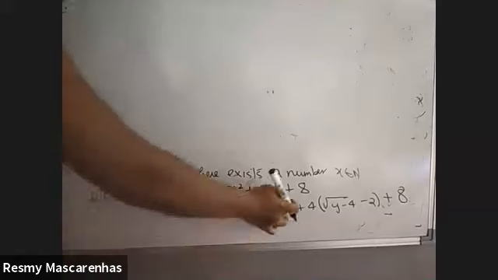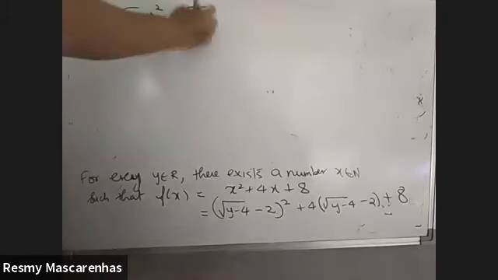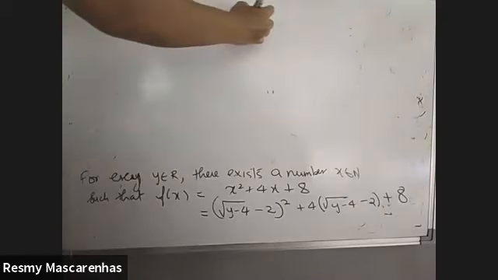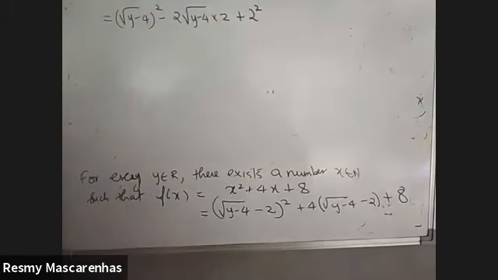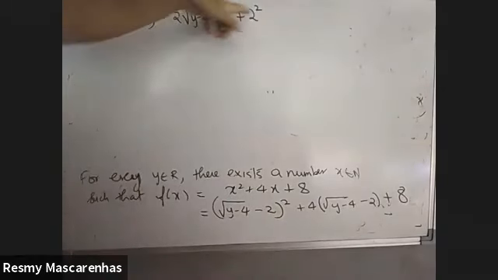This is a minus b the whole square, so that will be a square minus 2ab plus b square.